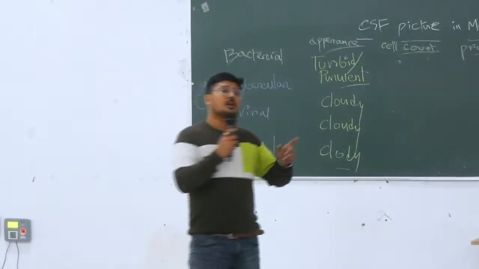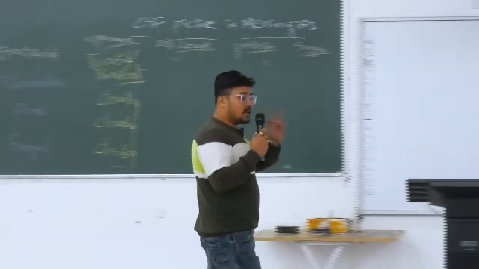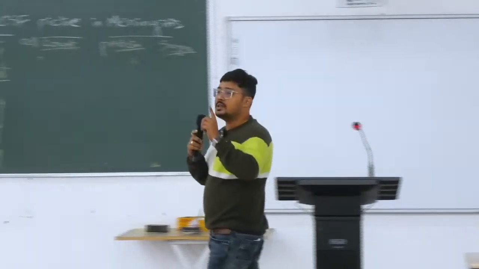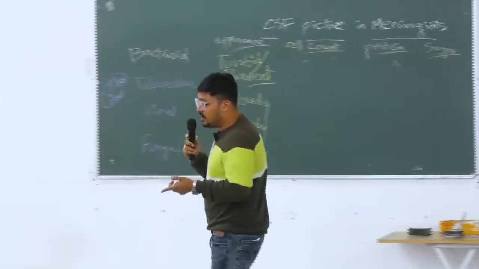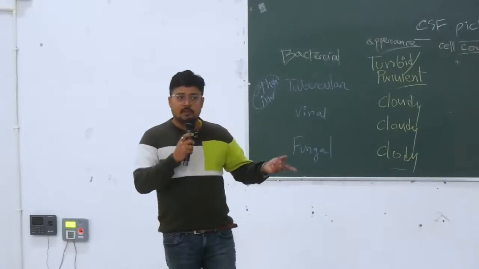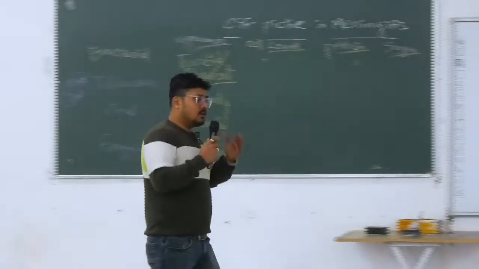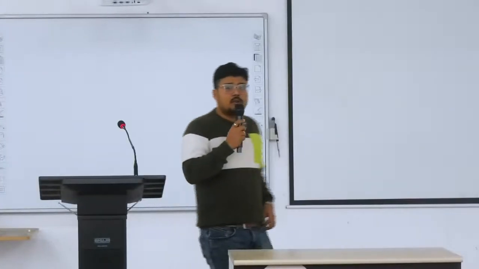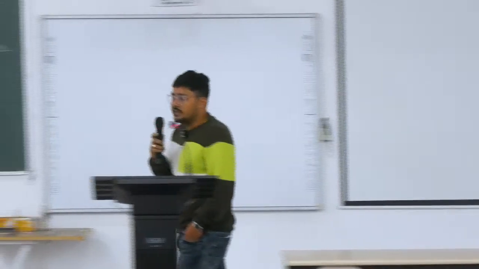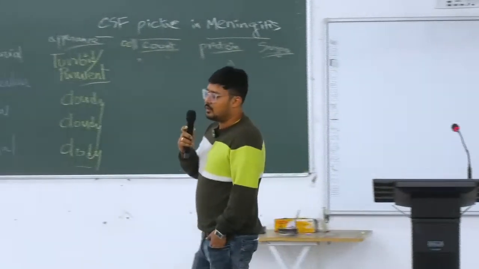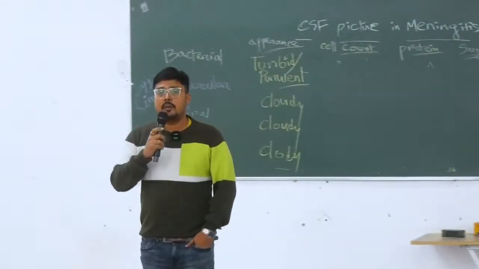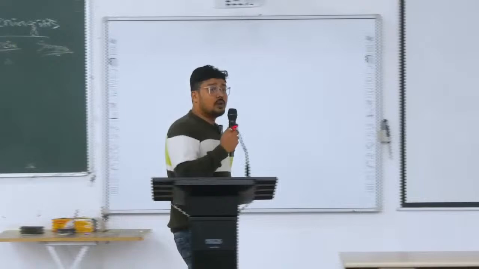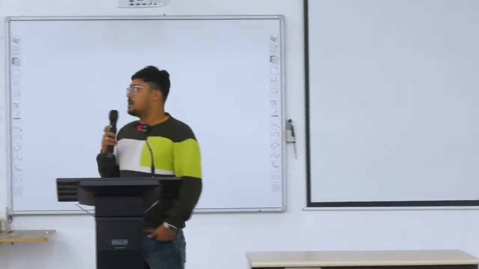In inflammation, we remember the exudation of protein from increased vascular permeability. The same happens in brain parenchyma, with exudation of protein into the CSF. So the protein amount is more due to increased vascular permeability in meningitis.